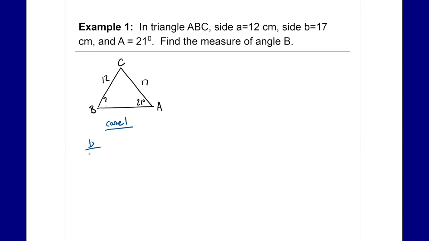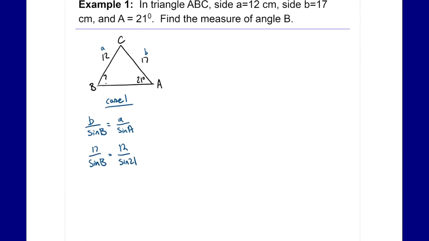We're going to use our sine law: little b over sine of big B equals little a over sine of big A. Remember, the reference sides are the opposite sides. Across from angle B is little b, and across from angle A is little a. Plug in the information: 17 divided by sine B is equal to 12 divided by sine 21.